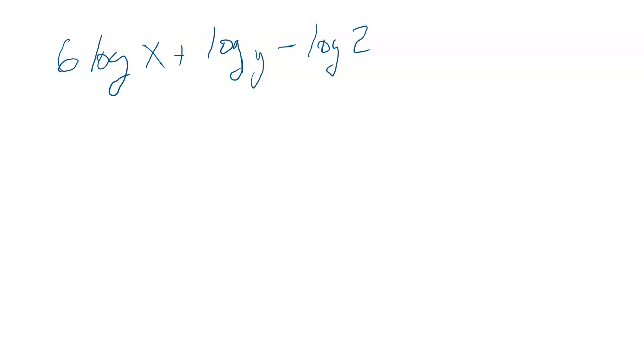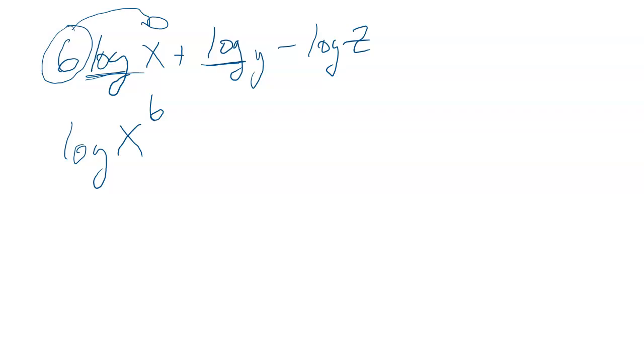We can combine 6 log x plus log y minus log z to get, okay, so now we can't combine these. We can't use our law of logarithms. The coefficient does have to be 1. So now you have to bring it up. I guess the other part is they want you to practice bringing that up.